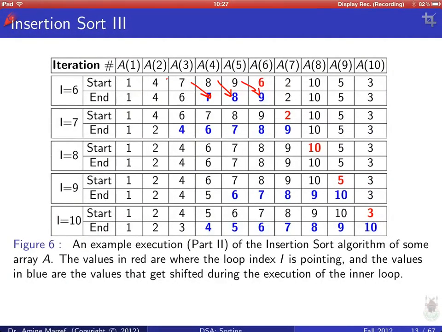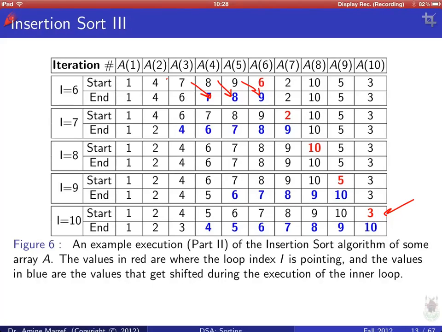So that's insertion sort. That's the code for it. We are going to loop through elements from second to the last. And the current element, we call it value. So A of i is the current element that we are going to compare to the elements to the left.